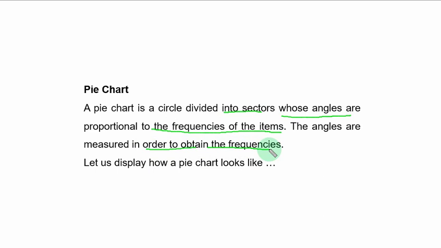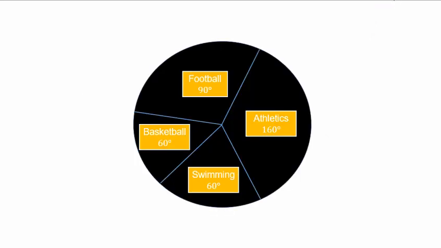Below is a typical structure of a pie chart. How a pie chart looks like. You have the typical structure of a pie chart. The circle is divided into various sectors.